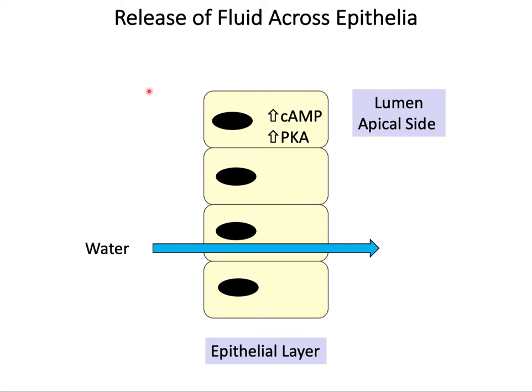So not shown in the diagram, you have the binding of some signaling molecule to the cell surface receptor, activation of the stimulatory G protein, activation of adenylyl cyclase, and then finally shown in the slide is the accumulation of the cAMP. Then the activation of the PKA, and the final outcome is the flow of water across the epithelia. So how does this flow of water occur?